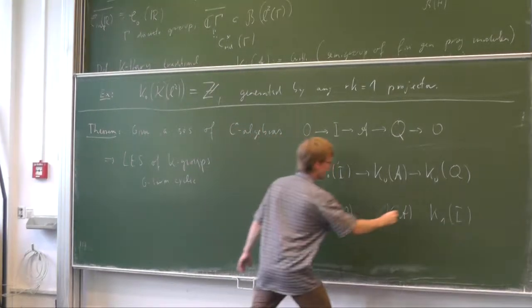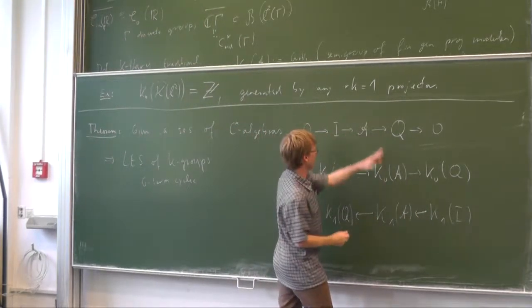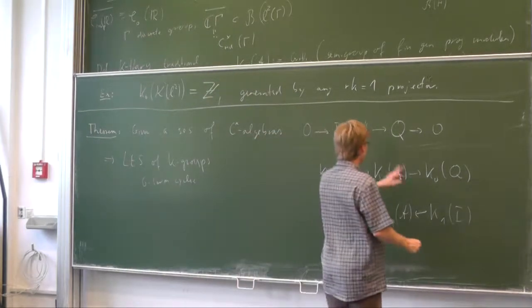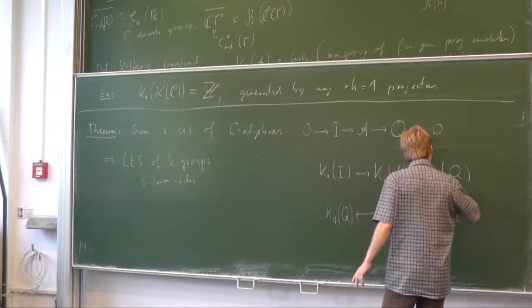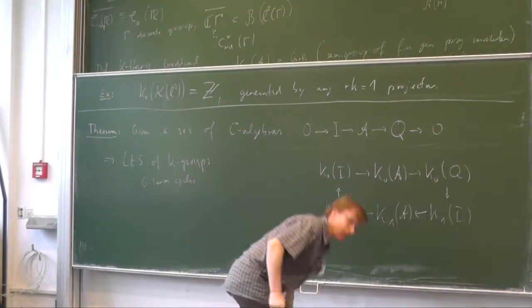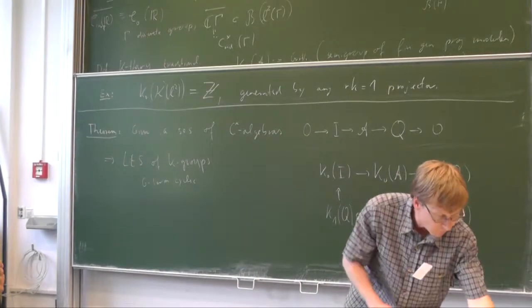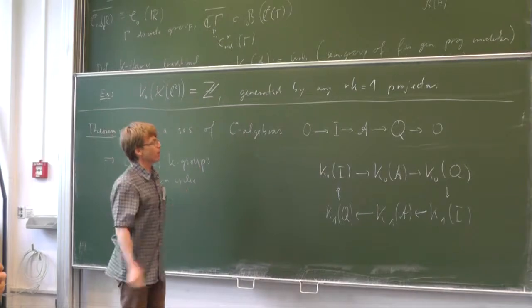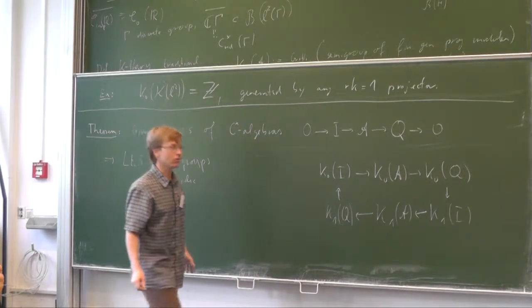K-theory is a functor, so the maps in the algebras induce maps between the K-theory groups, and there are two boundary maps, from K1 of the quotient to K0 of the ideal, and the other way around, which make this an exact sequence altogether.